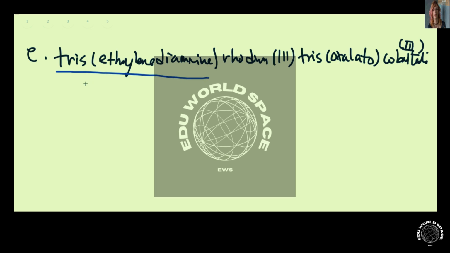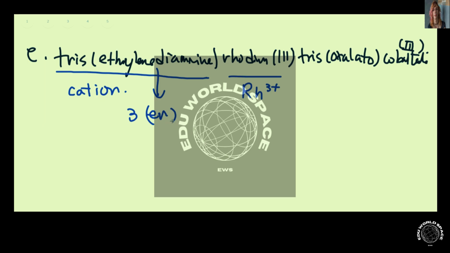This is the entire cation. And in this cation, the central metal is rhodium with +3, Rh3+, and tris indicates that it has 3 ethylenediamine. And in this molecular formula, ethylenediamine can be represented as en.